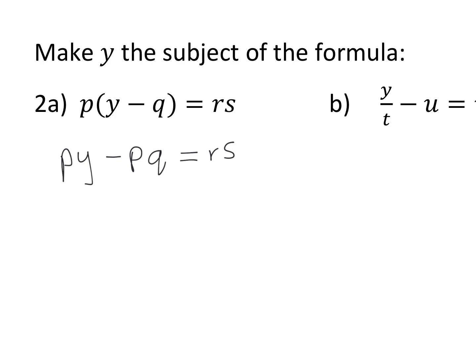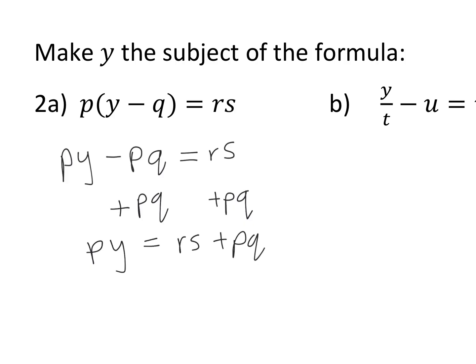We can eliminate that pq, or get rid of it from the left hand side, away from the y, by adding pq to both sides. That would leave you with py on the left hand side, and the right hand side would be rs plus pq.